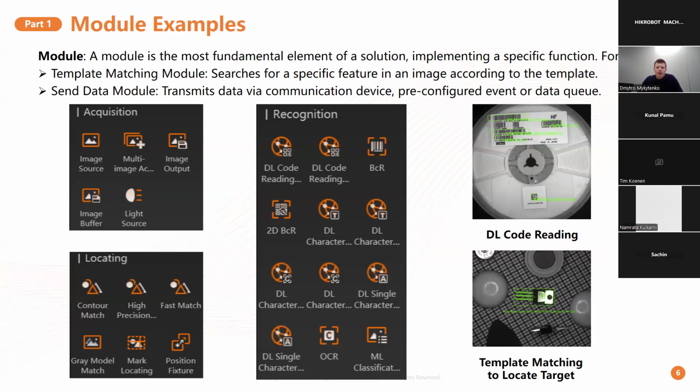The combination of modules forms the complete logic of the algorithm implemented within a procedure. The VisionMaster user manual serves as an excellent reference for detailed information on each module and its parameters. So I obviously advise to check it before using any specific module options.